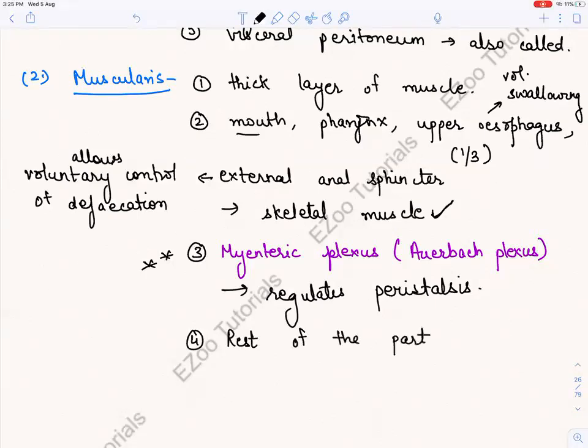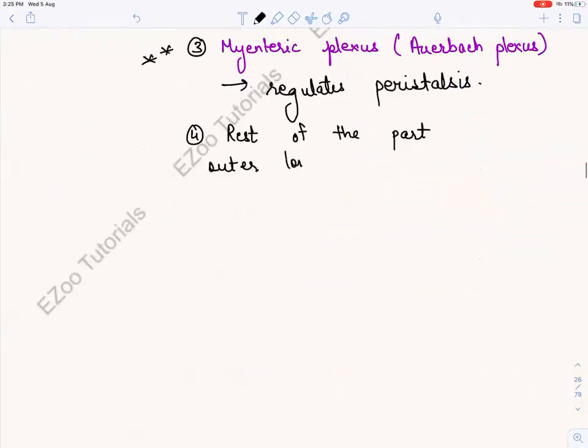As we drew, outer longitudinal and inner circular muscle sheath. Remember we drew a cross section where we drew this outer longitudinal and inner circular layer of muscle.